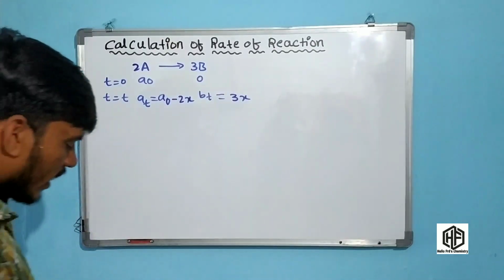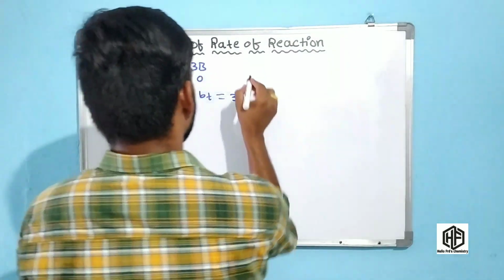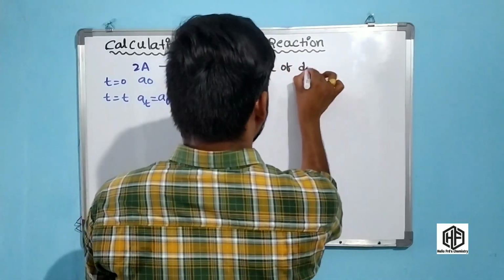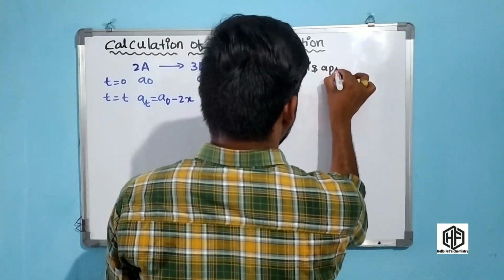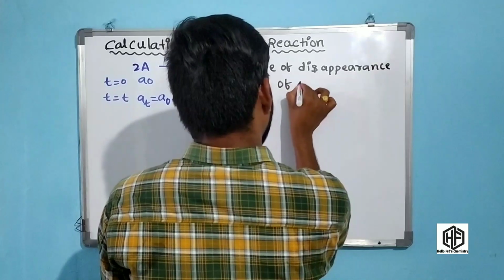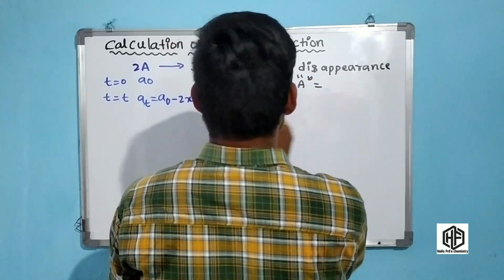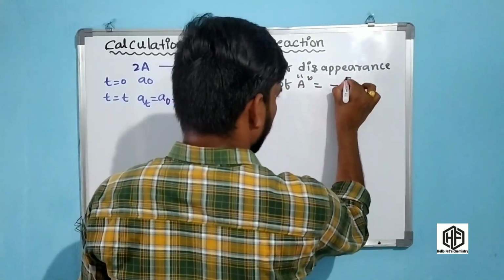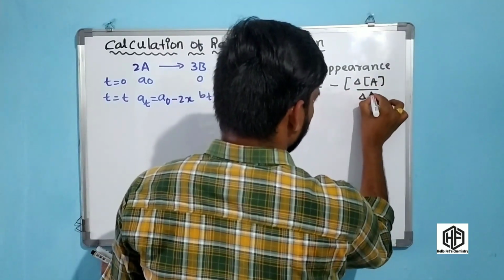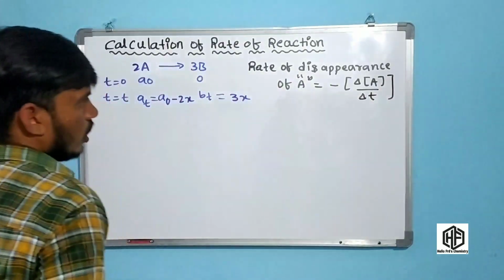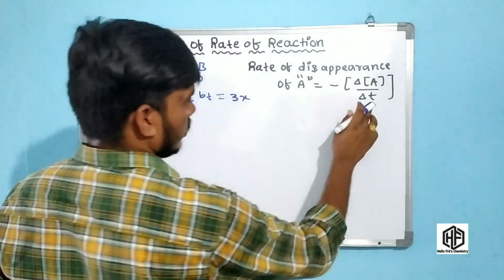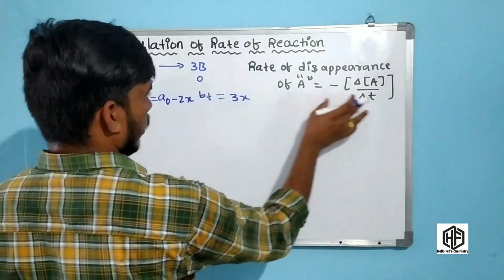Now we have to calculate the rate of disappearance of A. The rate of disappearance of A in this example is minus change in concentration of A by change in time T. Now this value of change in concentration of A by change in time is substituted in this formula.